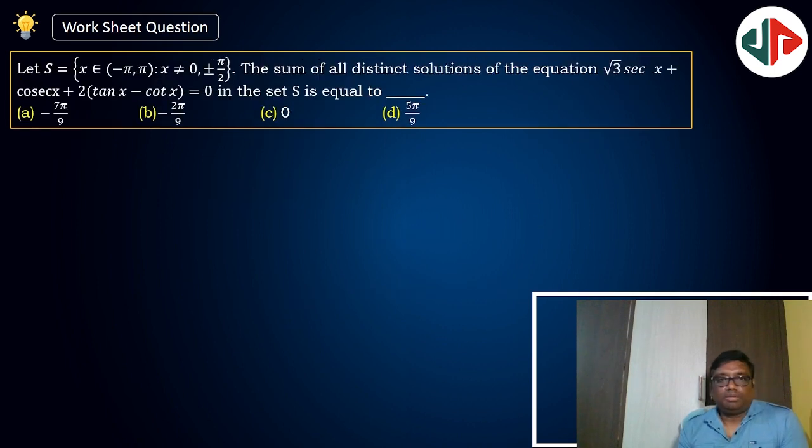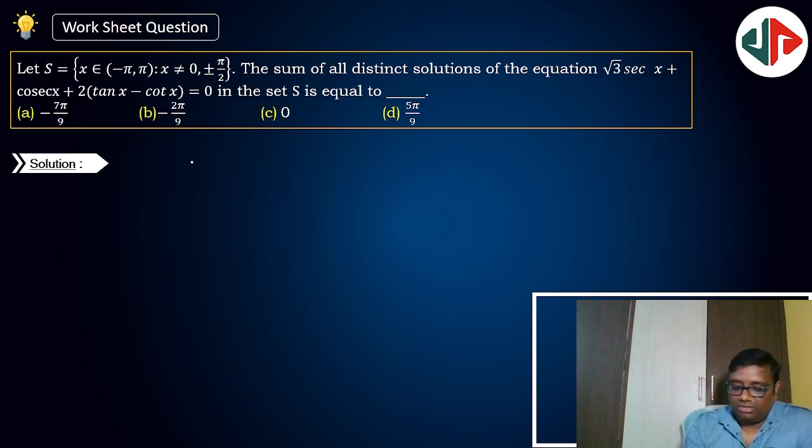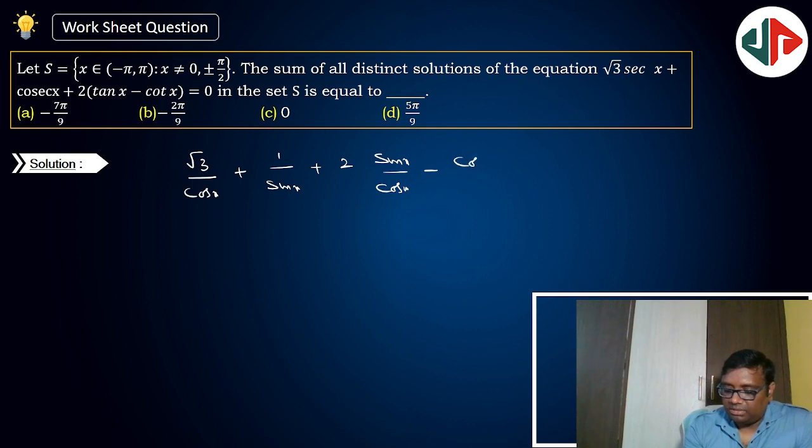4. The sum of all distinct solutions of the equation root 3 times secant x plus cosecant x plus 2 times tan x minus cot x is equal to 0. Then what are the possible values of set S? Simplify this equation. This is nothing but root 3 by cos x plus 1 by sin x plus 2 into sin x by cos x minus cos x by sin x is always equal to 0.